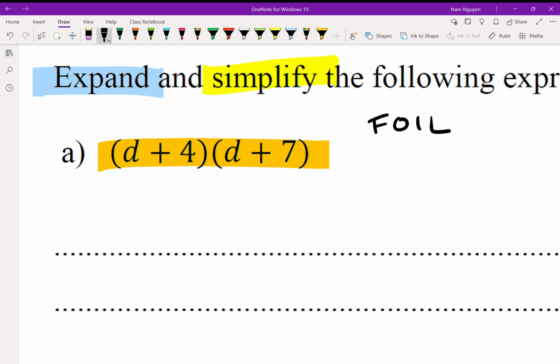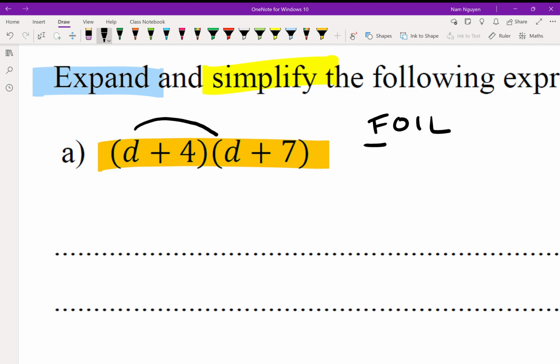So we have an acronym, FOIL, to remind you that there are 4 things that you need to do. Okay? You don't have to call it that, but that's just a tool we use. So F stands for first terms. So the first terms in each set of brackets, multiplying those two together, D times D is 2D. D squared.